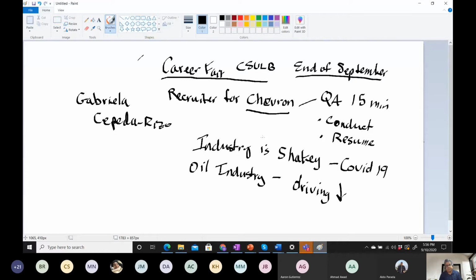They have some of the highest starting salaries I've ever seen, and really good benefits. The only ones that compete with Chevron are government, because Chevron does offer pensions, and I don't know anyone else that does besides the government and states.